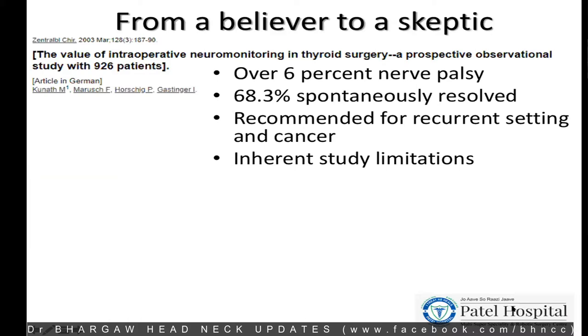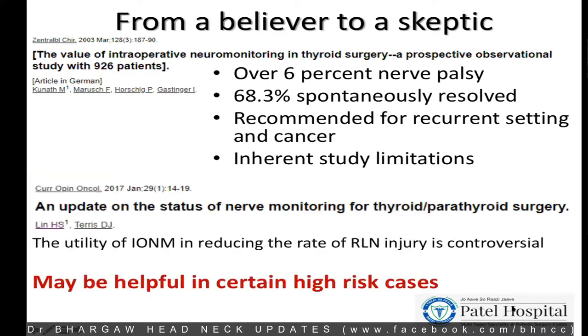Another paper, and this is older literature. We talked about the fact that this patient has 6% nerve palsy, which most of us would agree would be unacceptably high in the contemporary setting. Again, this is older literature, but by the 2000s, the philosophy of routine identification of the RLN had come about. So they recommended it for the recurrent setting and cancer, which is again the so-called high-risk subset that we talk about. And another study, relatively recent, by Dave Terrace, who we talked about in the last robotic thyroid paper also.